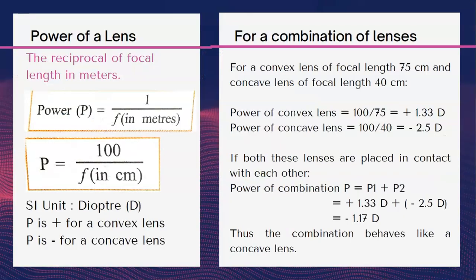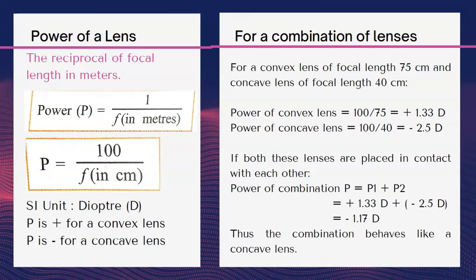Few things about a lens. Power of a lens. How do we define the power of a lens? The reciprocal of focal length in meters is known as its power. That is a particular definition, wherein for power we have to use focal length in meters only. But if your focal length is not in meters, in order to convert it, we will change the equation to 100 upon f.